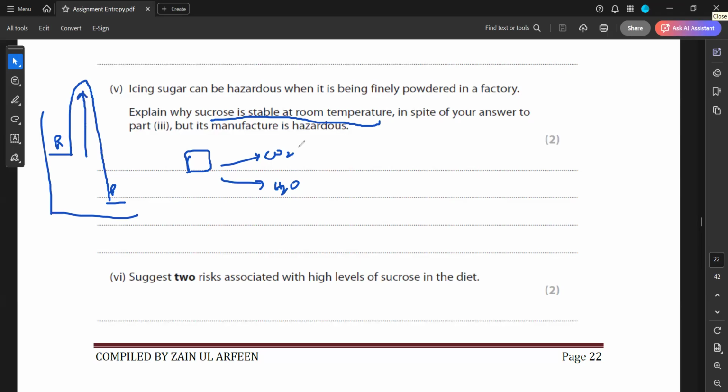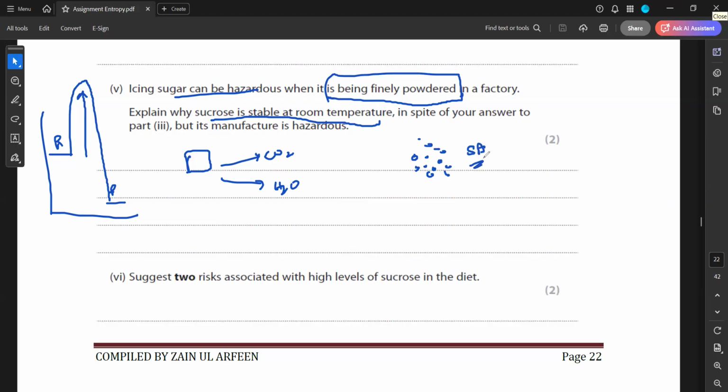That is why the sucrose does not convert into carbon dioxide and water by itself, because it needs some energy to reach an activation energy, or the activation energy is higher. And then why its manufacture is hazardous, because icing sugar can be hazardous when it is being finely powdered. When we crush it into fine powdered form, it will have a large surface area.